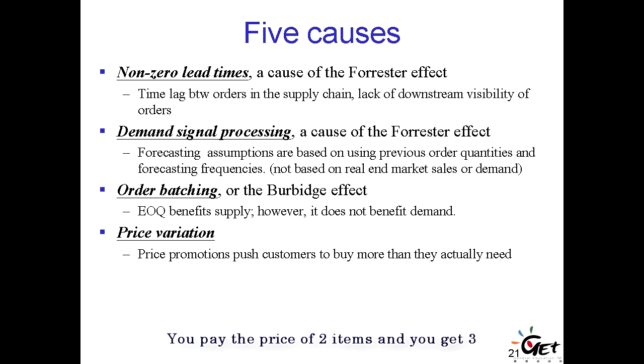You pay the price of 2, however, you get 3. Buy 2, get 1 free, something like that. Then what will the customers do? Okay, they just go ahead and pay the price of 2, but they get 3. They have more than they need. This will create higher fluctuations. The upstream firms, for this period, the demand is rather high.